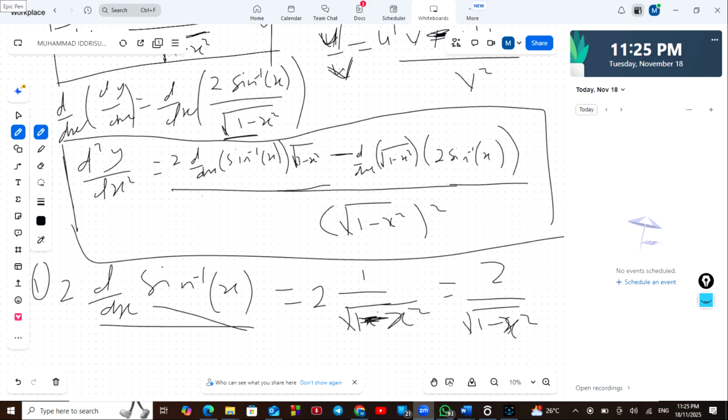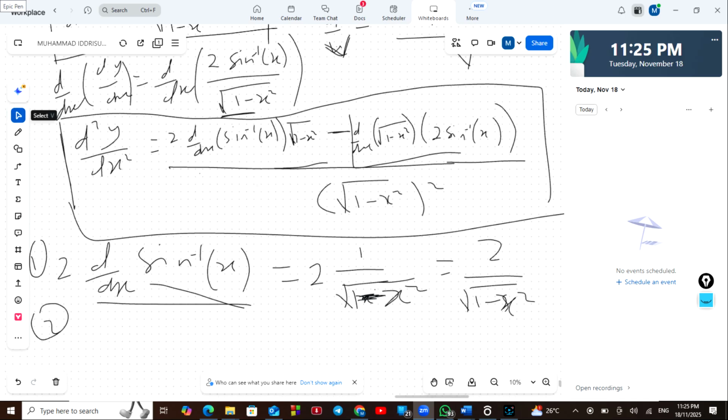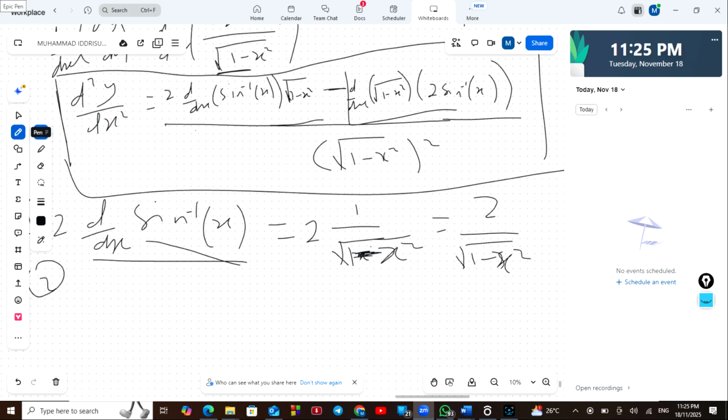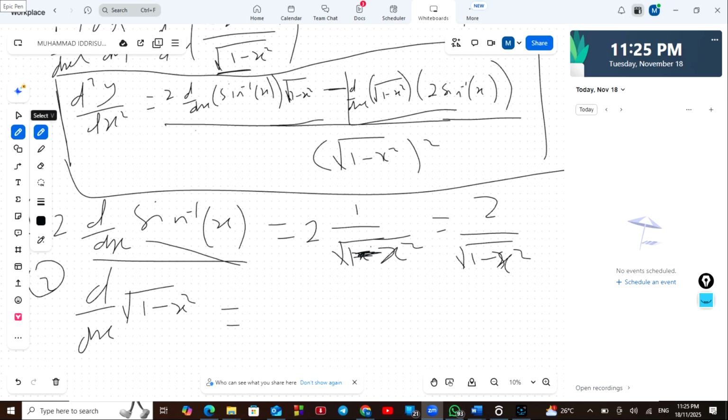So this is part 1. Part 2, let's look at the minus part. d/dx of the square root of 1 minus x squared is the same as the derivative of 1 minus x squared all to the power half.